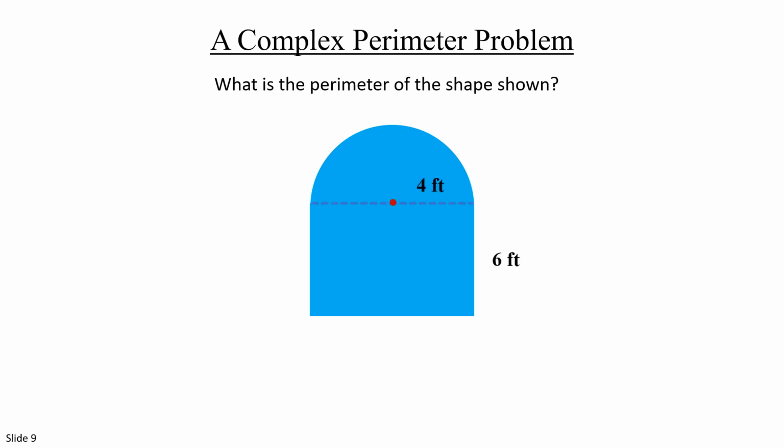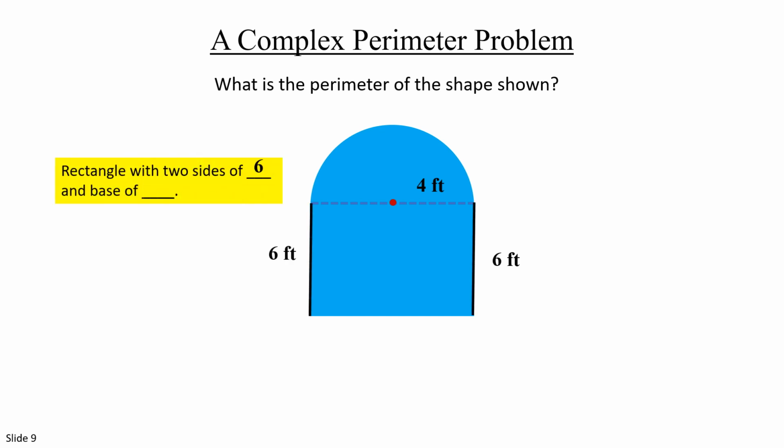It looks like I've got a rectangle that has 6 for a height and a circle part that has a radius of 4. So in order to do the rectangle part, I need to know what the sides are. Well, the sides are 6. And the base is actually 8 because it's 2 radiuses.